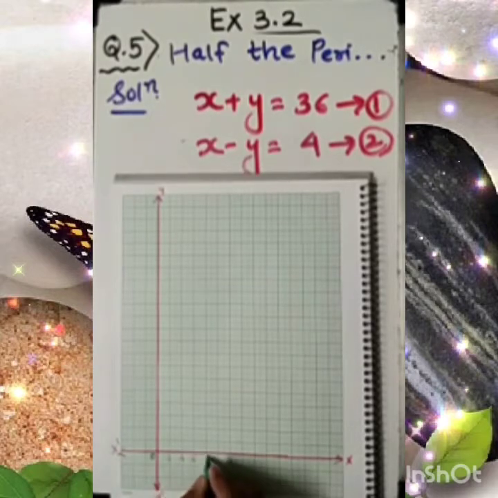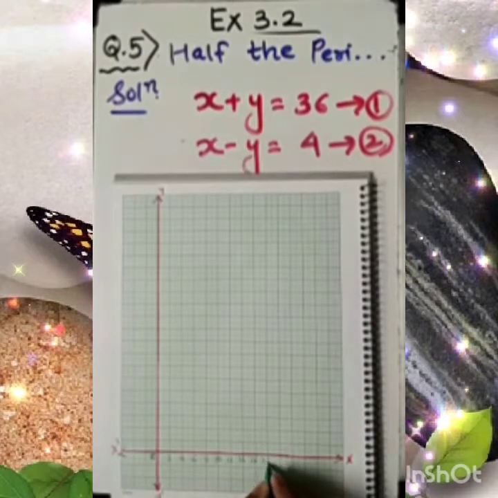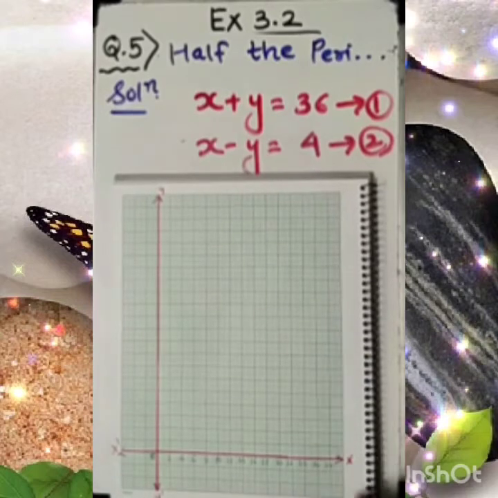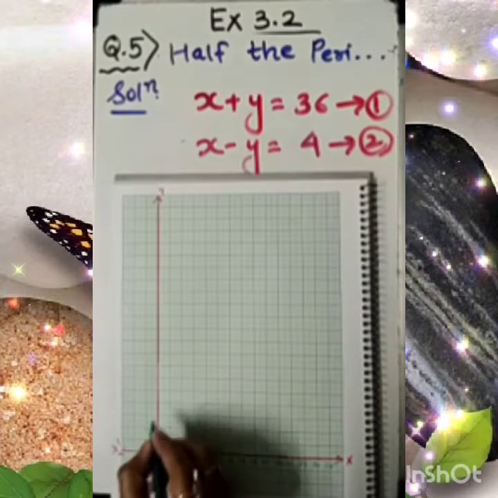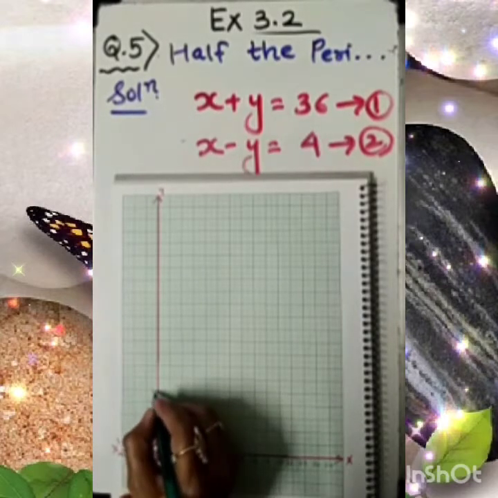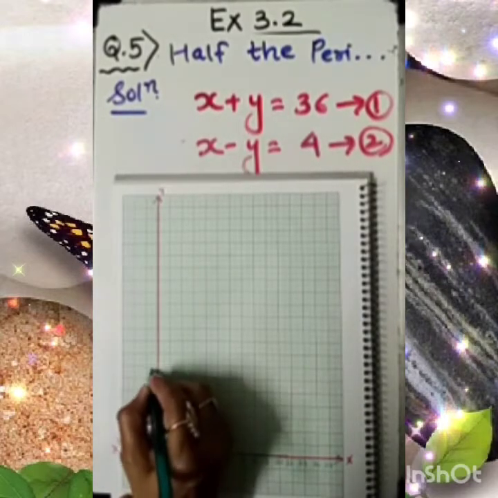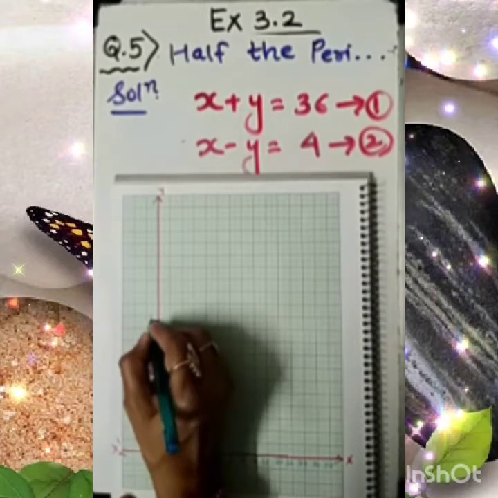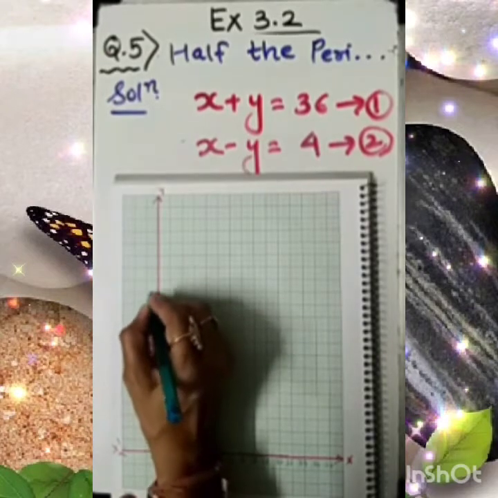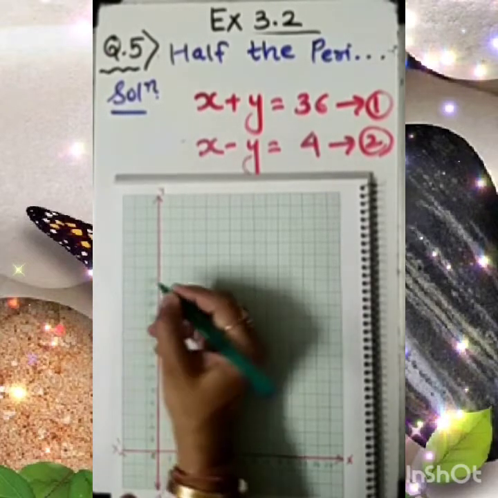Fine. Now as we are choosing the scale here, 2 centimeters for our convenience, so 1 unit equal to 2, 4, 6, 8, 10, 12, 14, 16, 18, 20, 22, 24, 26, 28 and so on. Clear? Now the same thing on the y-axis, 2, 4, 6, 8, 10, 12, 14, 16, 18, 20, 22, 24, 26, 28, like that.